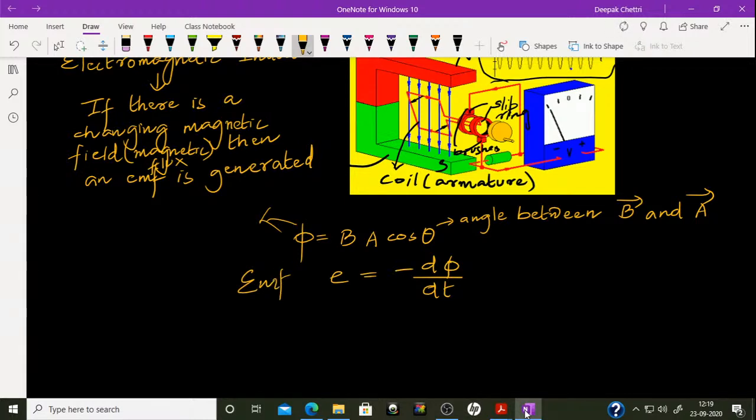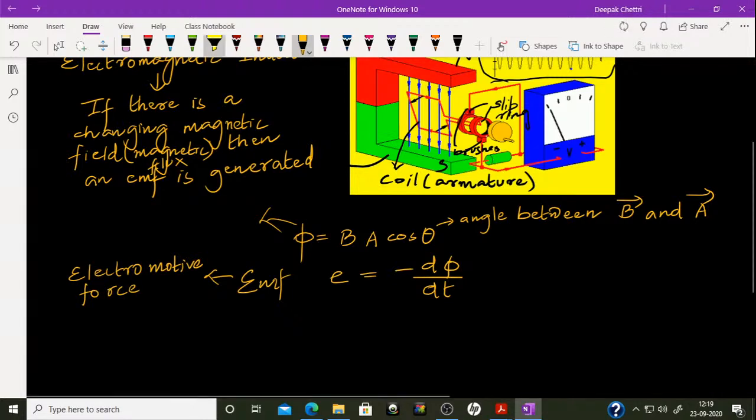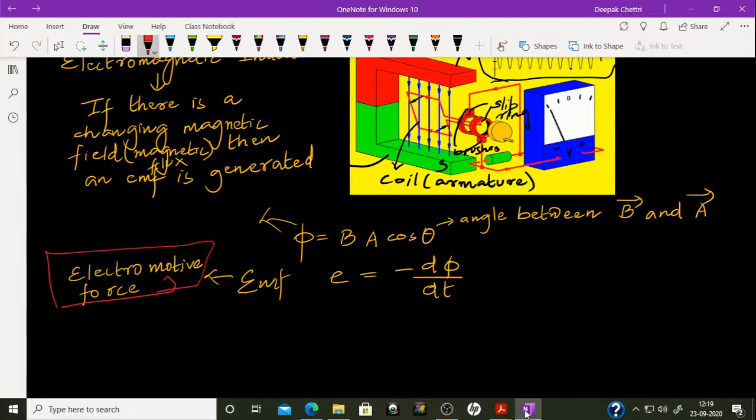EMF stands for electromotive force. But remember that this is not a force. Even though there is the word force in the name, it is not a force. It is like a voltage or potential difference, and because of this potential difference you get current. Whenever there is a potential difference you get current, and in this case we call this induced current.